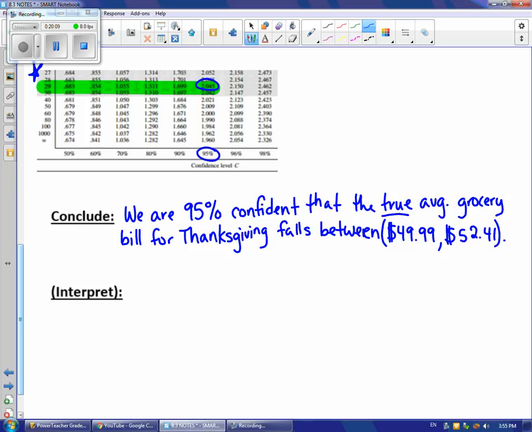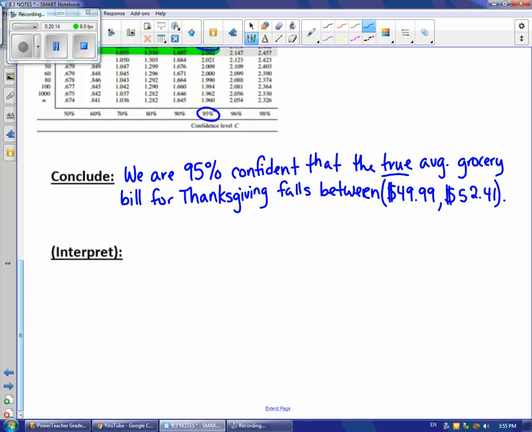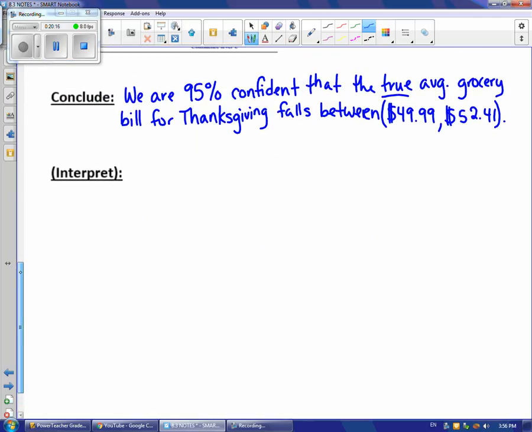Now, if they only asked you to conclude, you would be done. Since they asked us to interpret, we need to say, what does it mean to be 95% confident?